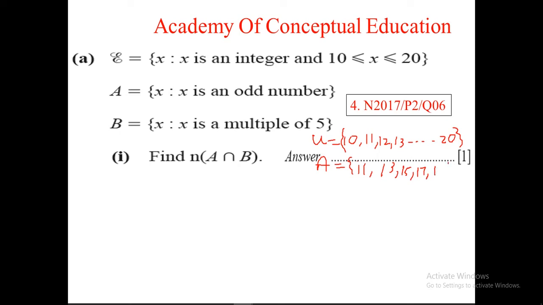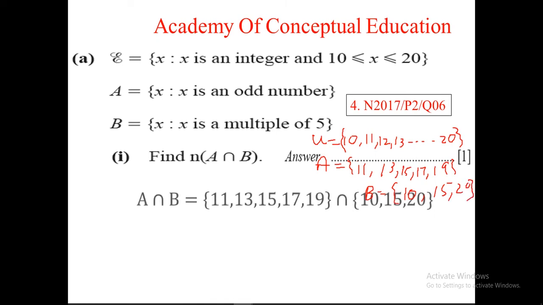This will be the set A. And set B means the multiples of 5, but we have to stay within the limits of set U. So the multiples of 5 start from 10, because we have to be in this set. Among the elements from 10 to 20, 10, 15 and 20 are the multiples of 5.